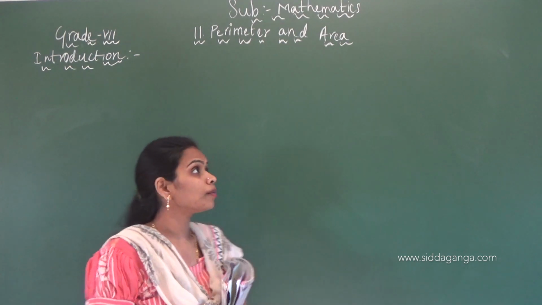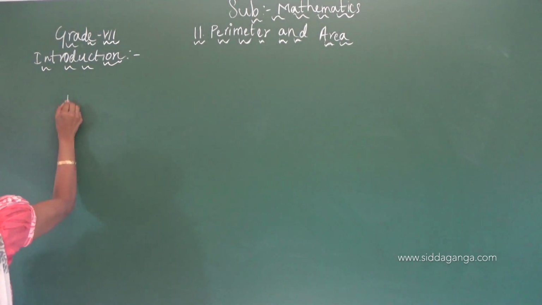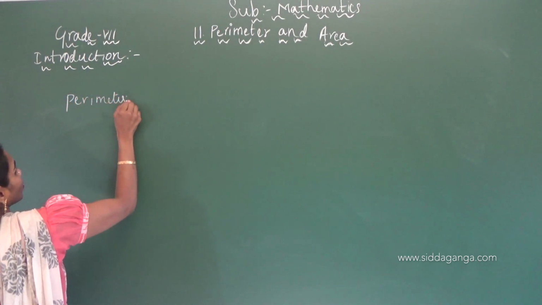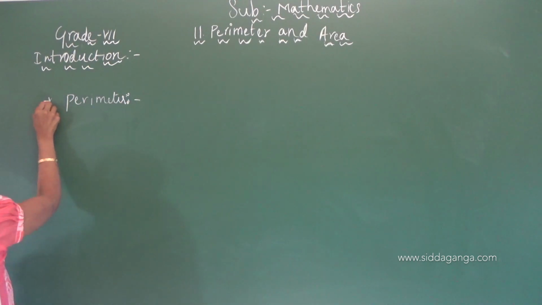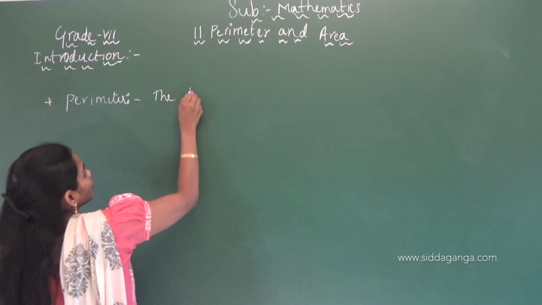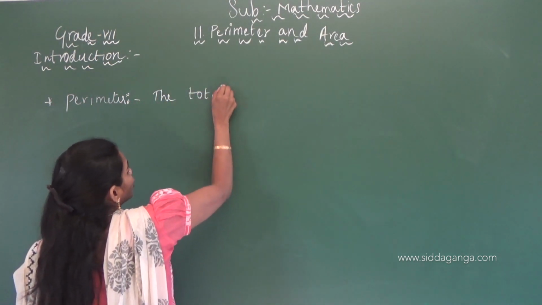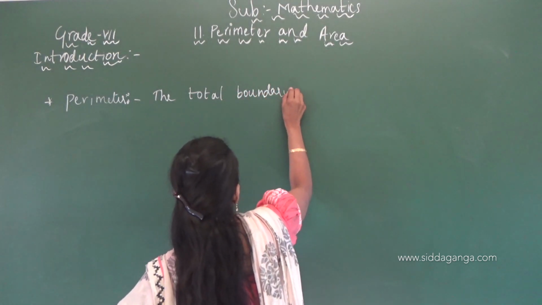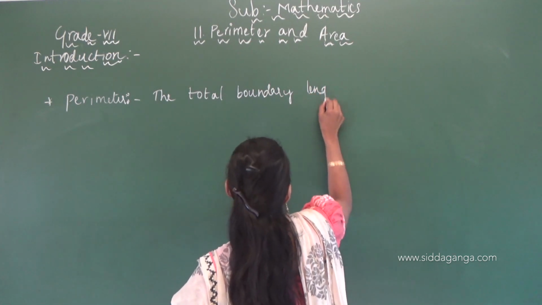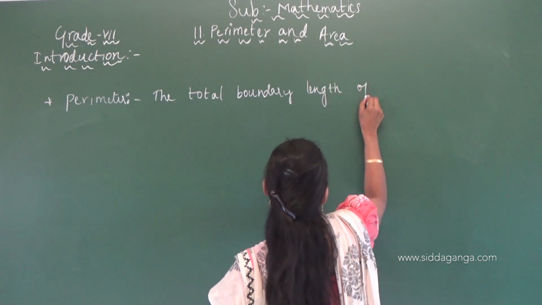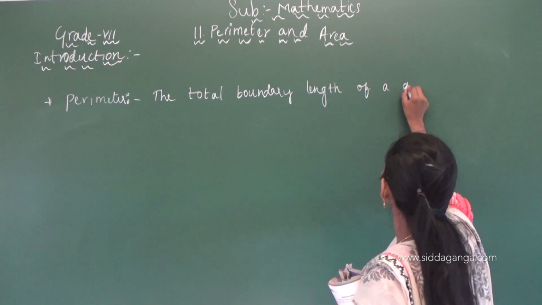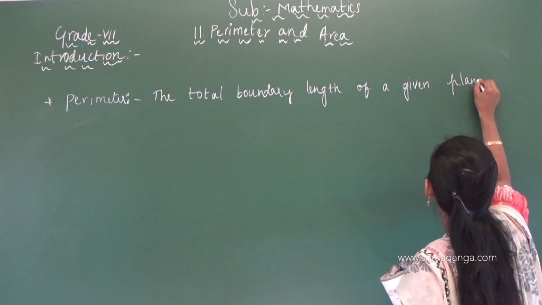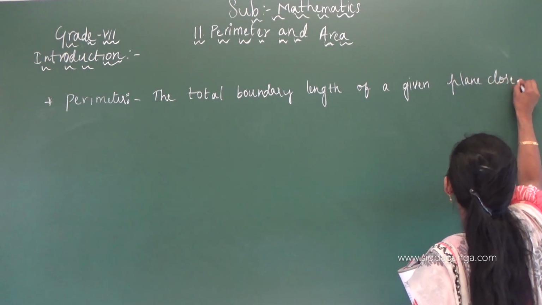What is perimeter? Perimeter means the total boundary length of a given plane closed figure.